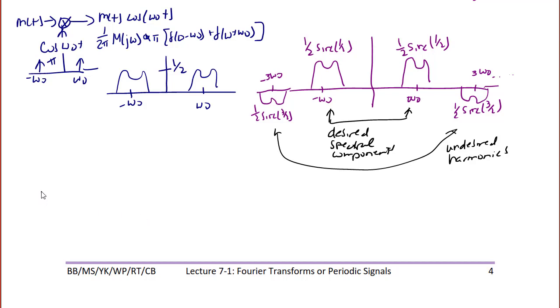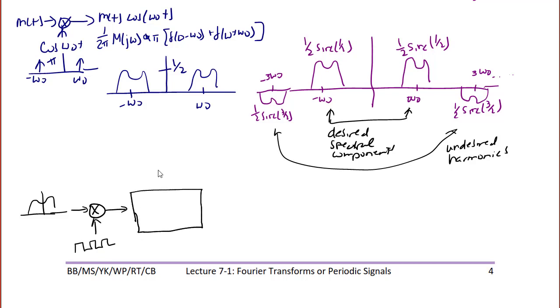So here, you would have your signal that comes in, that then gets multiplied by your pulse train. It would then go through a low-pass filter, and we're going to sketch an ideal low-pass filter here where the cutoffs need to be at negative 2 omega naught and 2 omega naught.